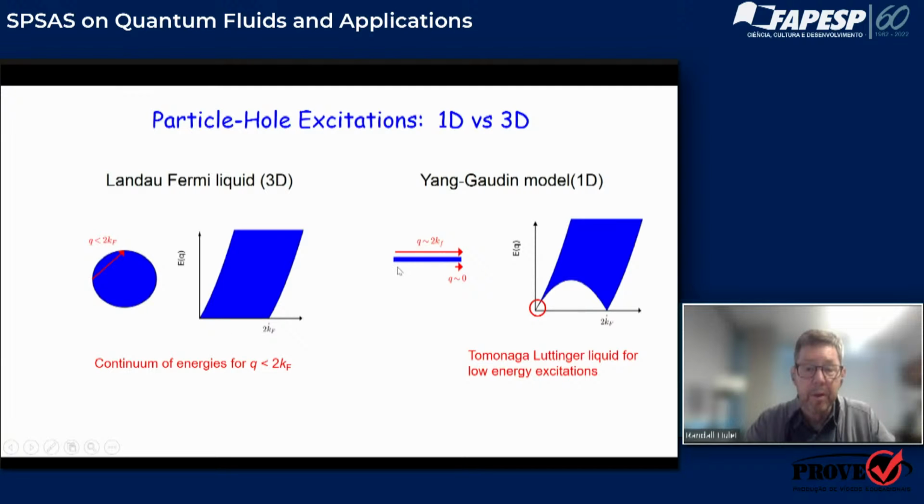As opposed to 3 dimensions, the Fermi surface in 1D is 2 points. This is minus kF, and this is kF, or you could call this momentum 0, and this momentum 2 kF. So instead of a Fermi sphere, we have Fermi points.